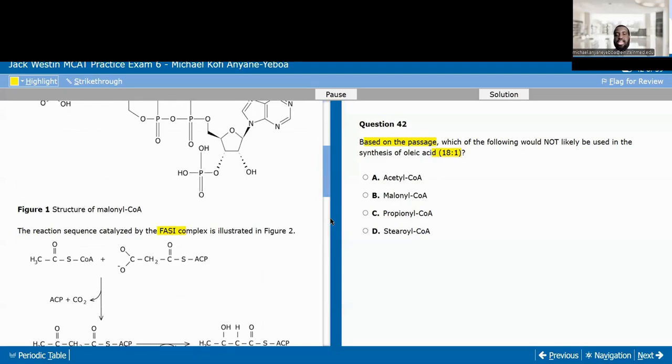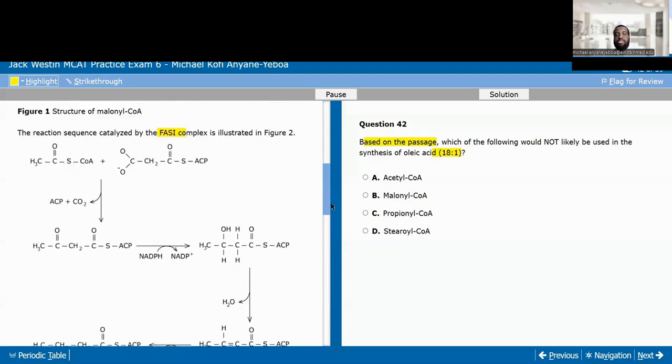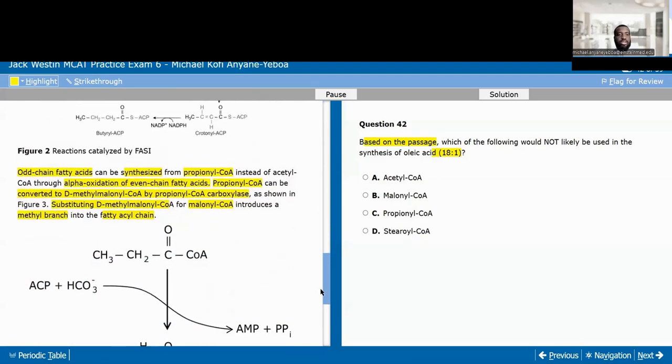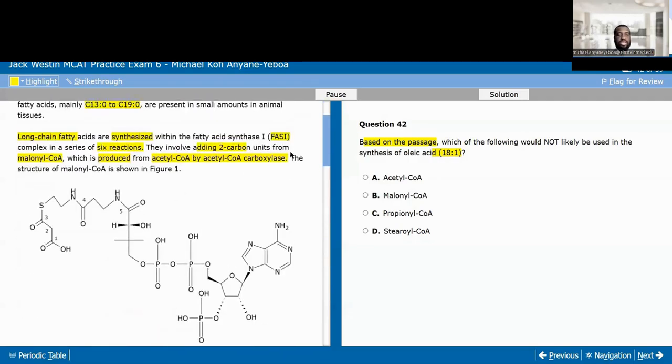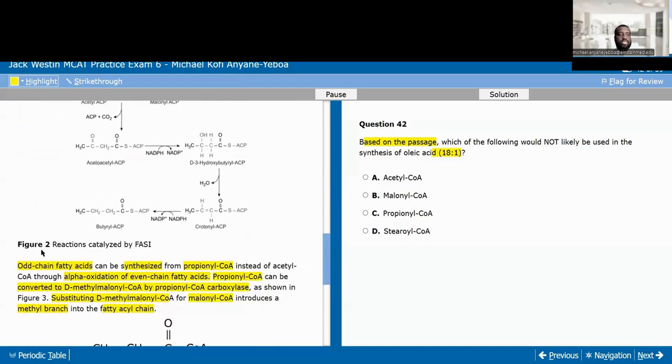If I look at propionyl-CoA, let's see, when was the first time I saw that? Okay, that was here. Propionyl-CoA can be converted to odd chain fatty acids instead of acetyl-CoA. There's nothing in the passage that says propionyl-CoA from even chain.